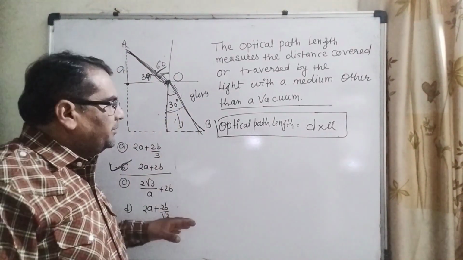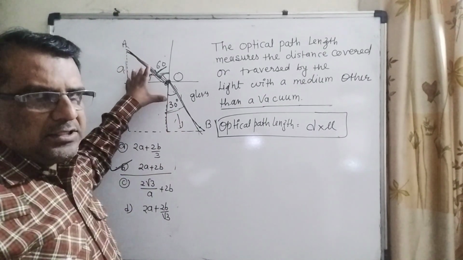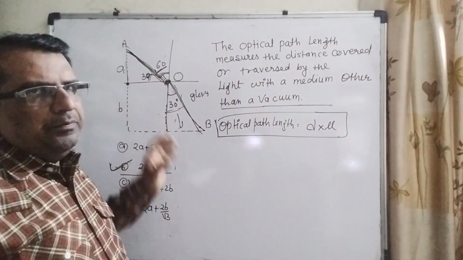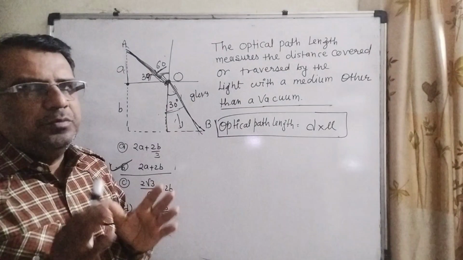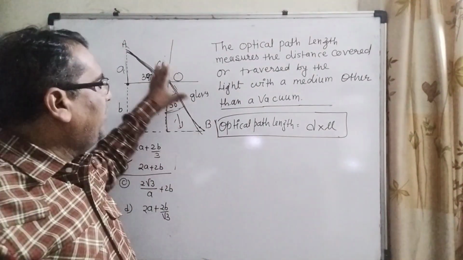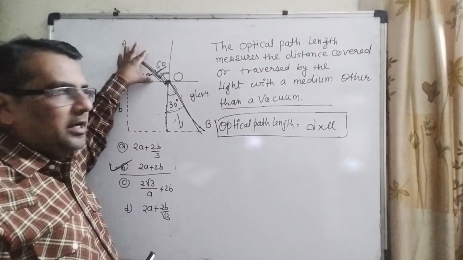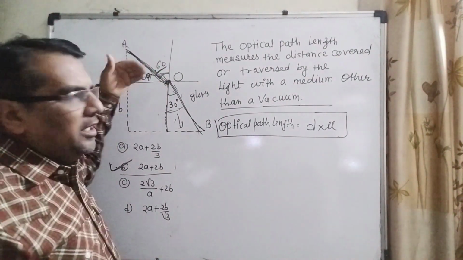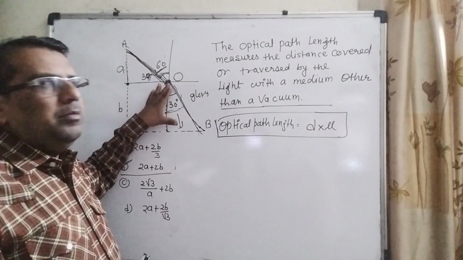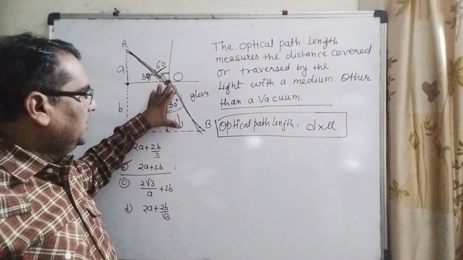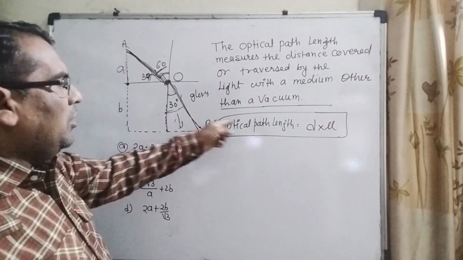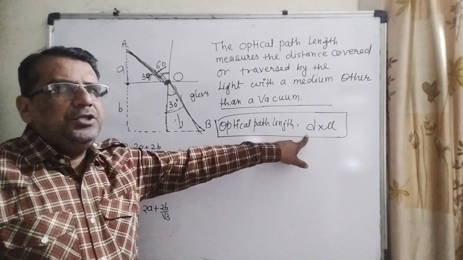At first glance, it seems we can find the distance directly, but actually optical path length has a different definition. Whenever a ray passes only through air or vacuum it is one case, but when it passes through a medium like glass or water, the optical path length is defined as d into mu.